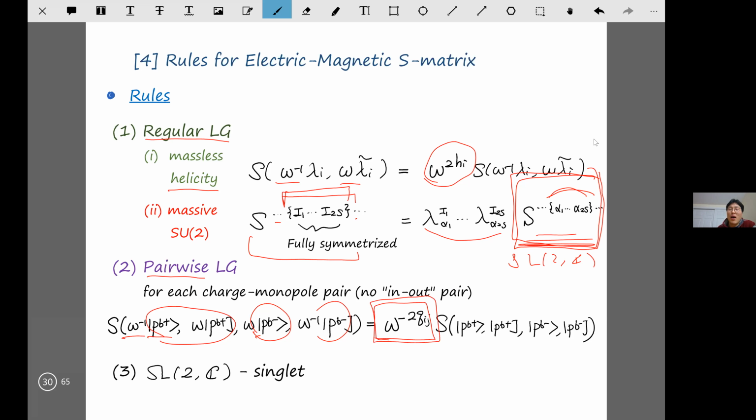And then it should be SL2C singlet, meaning in this language, the entire set of SL2C indices should be completely contracted. But once again, I will often talk about the descriptive version. In that case, the only uncontracted SL2C indices are this massive part. Good. And these are standard rules, but there are additional rules, which turn out to be very important, actually.